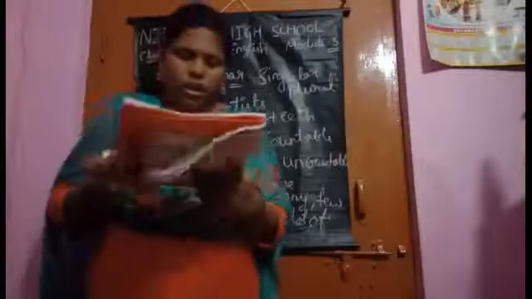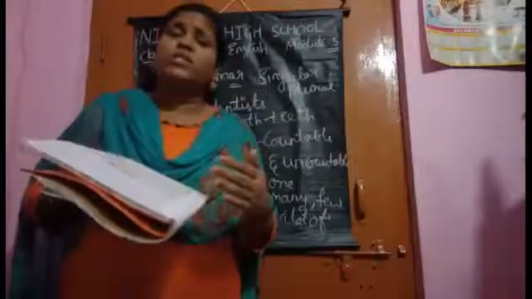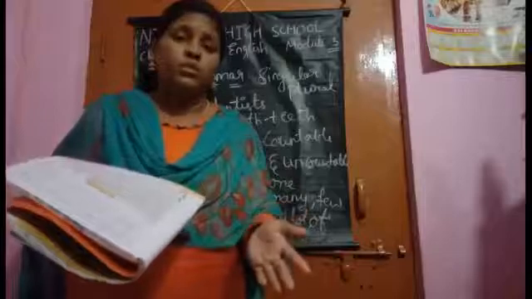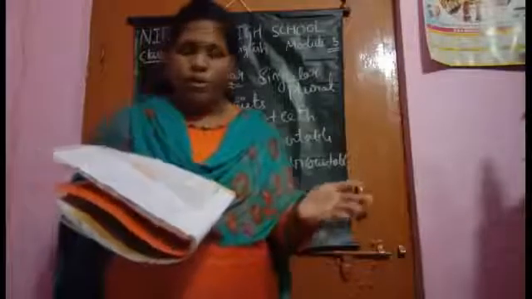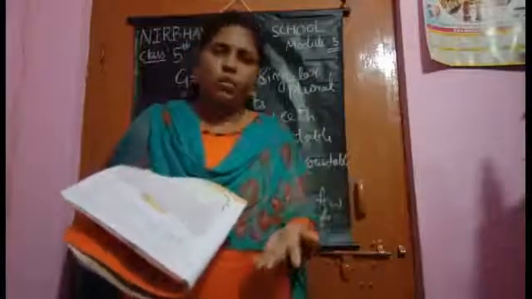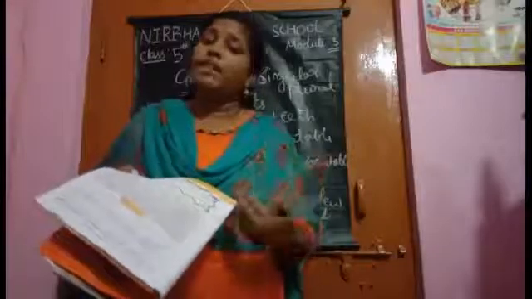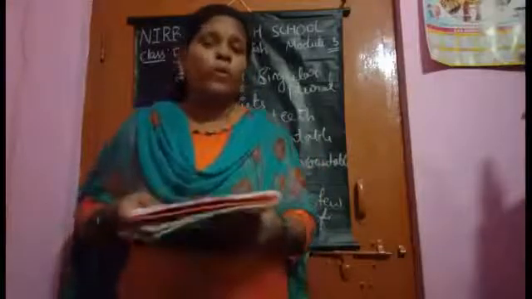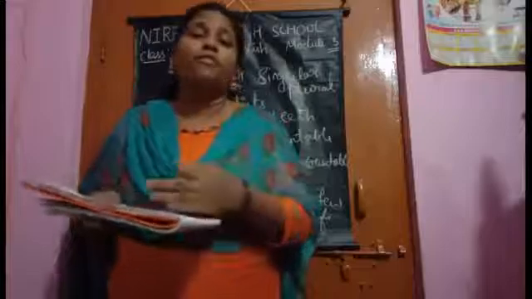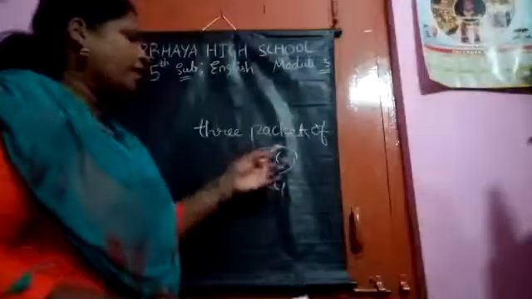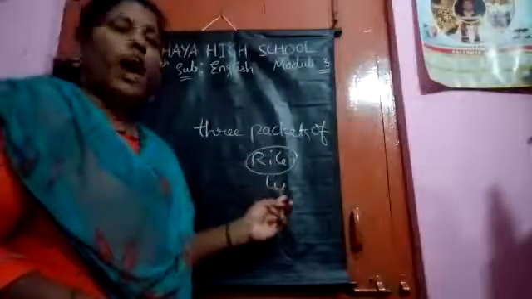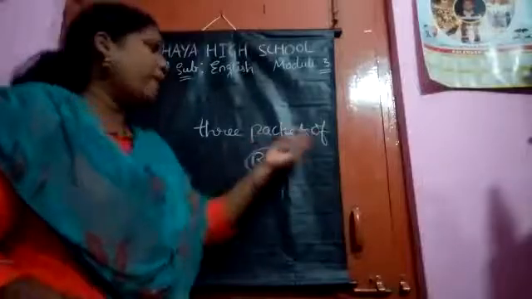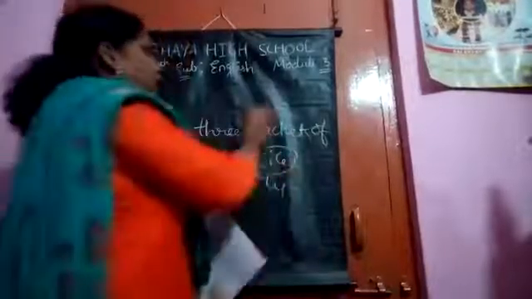Okay, now see here, uncountable nouns can be made into countable nouns. Now rice is an uncountable noun, but we can make it a countable noun. How? We can write here 3 packets of rice. Rice is what, children? Uncountable noun. When we add 3 packets of rice, it becomes a countable noun.